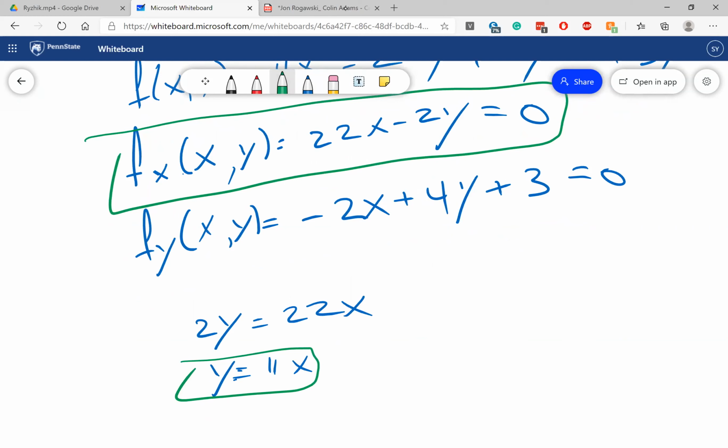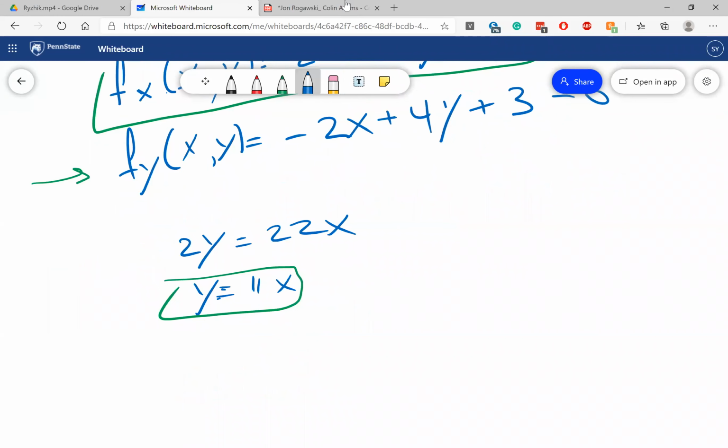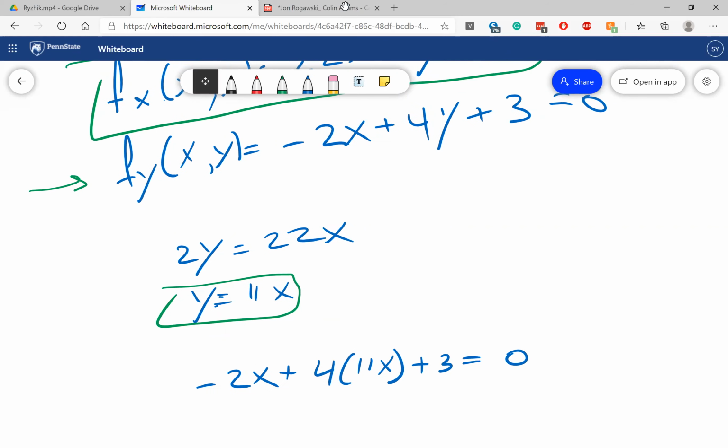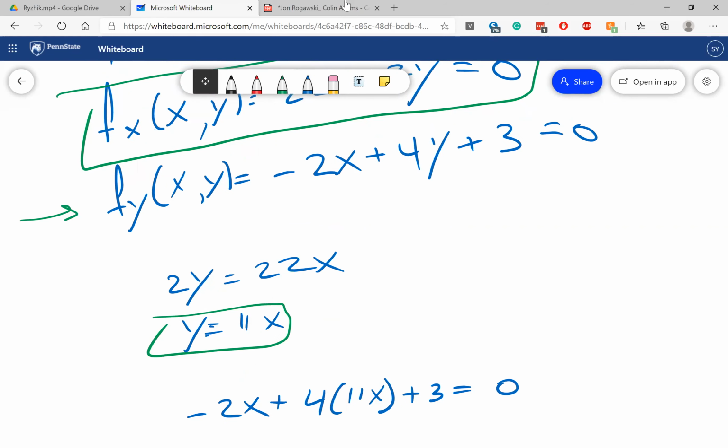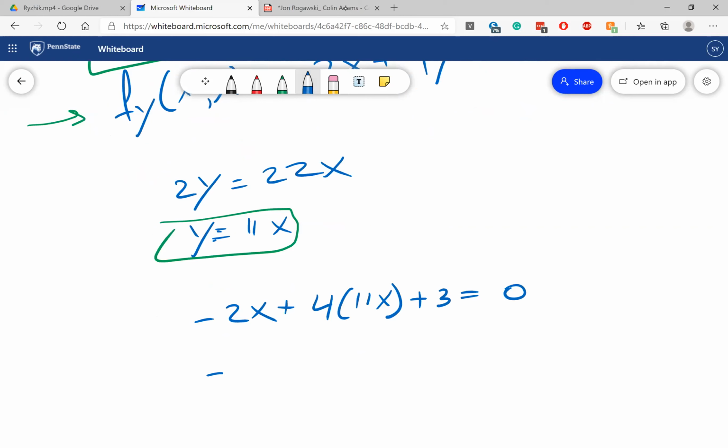So now we can use this to solve for our y by plugging into the second equation. So that will give us negative 2x plus 4 times 11x plus 3 is equal to 0. Okay, so we are going to get negative 2x plus 44x plus 3 is equal to 0.